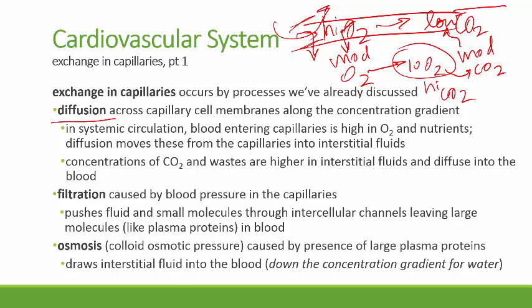Here at this end of the capillary network, though, with all these proteins in the blood, and they're going to be even more concentrated since we've squeezed out a lot of the fluid, the proteins are going to be in high concentration here, and so water is going to move by osmosis from one side of the capillary wall to the other side. So oxygen and carbon dioxide diffuse down their concentration gradients, and water will diffuse back into the blood down its concentration gradient.